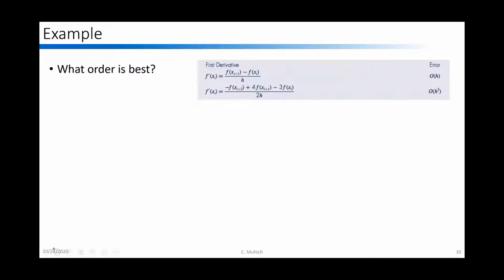So first, we're going to go through our different orders. So here I've written out the forward difference formulas. And we're going to need to pick which order that we should use. Well, the best order that we can have is this second order estimate.